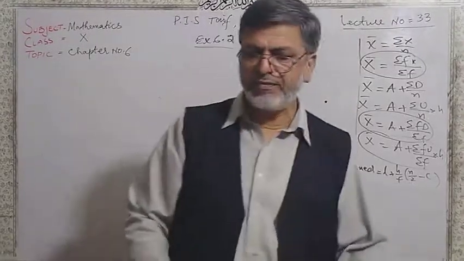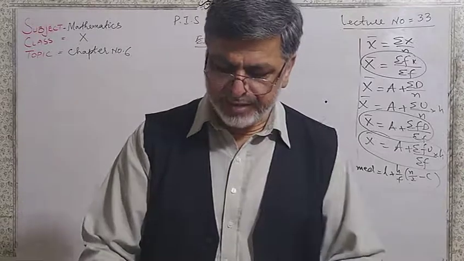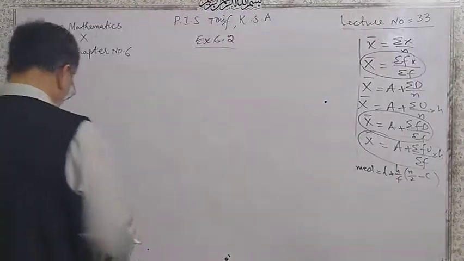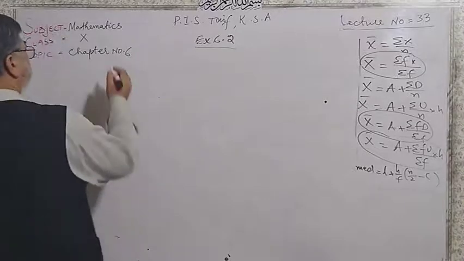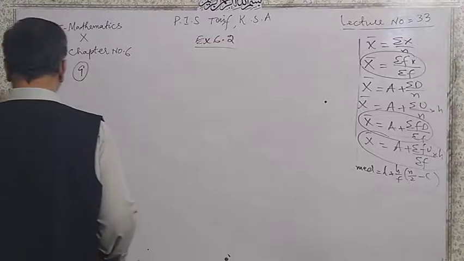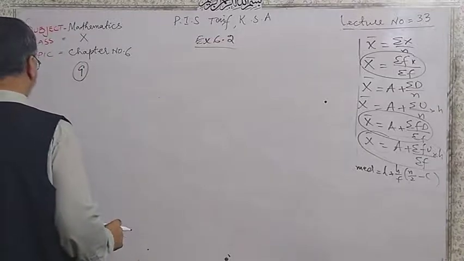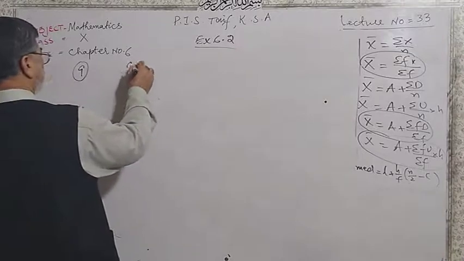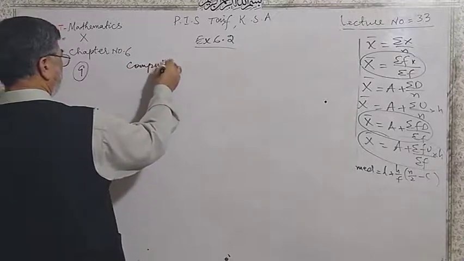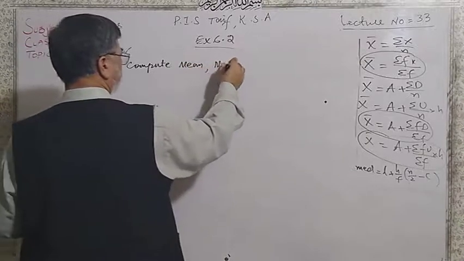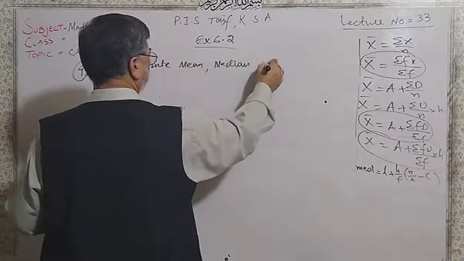Dear students, we have question number 9. The following frequency distribution is of the weights of the boys in kilograms. You have to compute mean, median and mode.